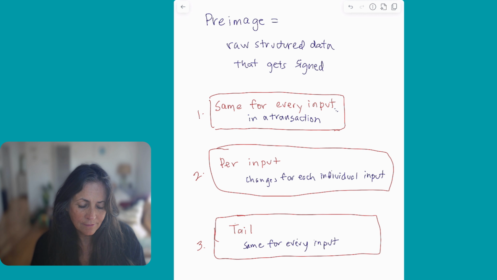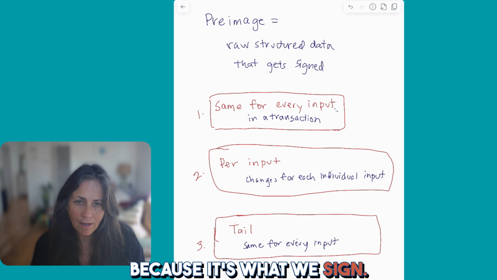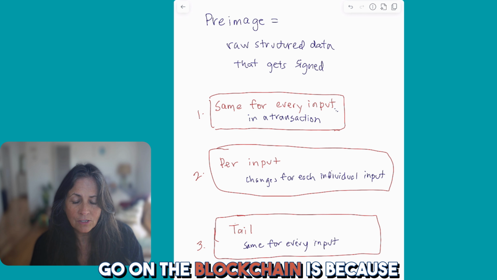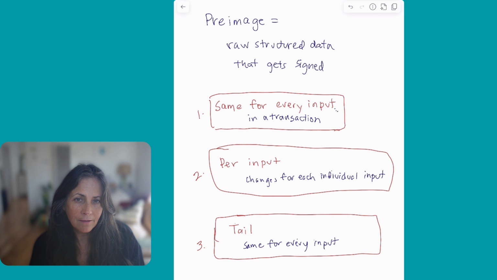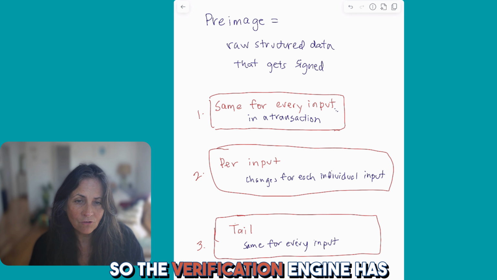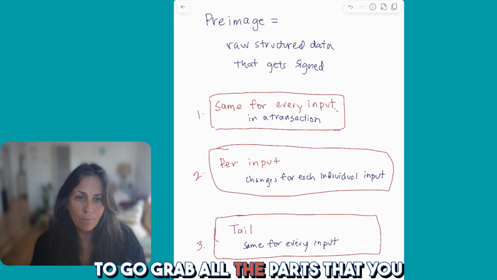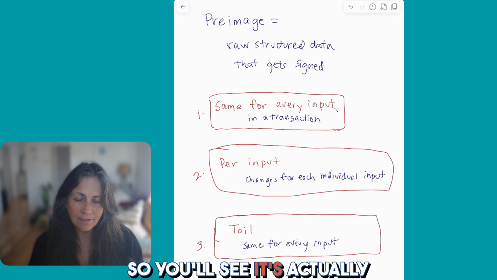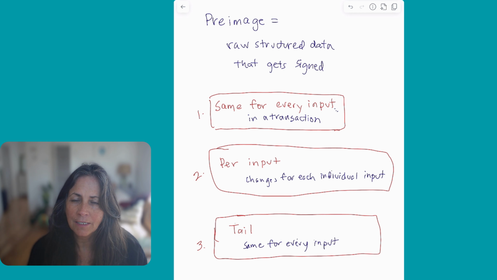In fact, because it's what we sign, I would say the reason it doesn't go on the blockchain is that's the verification piece. So the verification engine has to go grab all the parts that you sign to verify the signature. So you'll see it's actually pretty complicated.